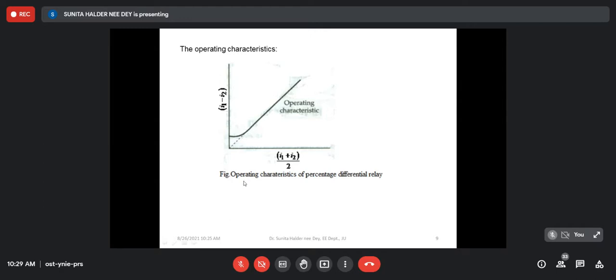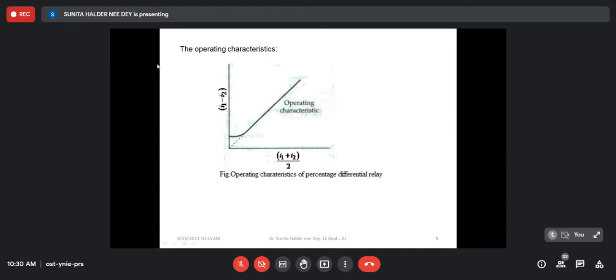Why? Because whenever we use anything for restraining, along with that we use a spring for controlling the moving contact of the relay. So for that reason, spring force will be predominating at the initial range of current, for lower range of current, when the MMF was not so strong.